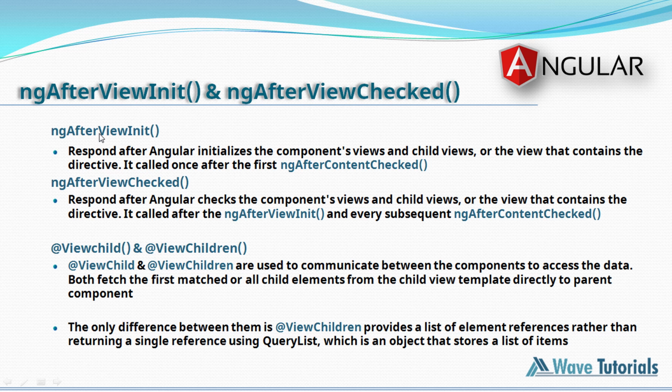So we saw that ngAfterViewInit responds after Angular initializes the component, and ngAfterViewChecked responds after Angular checks the component's view. Also, with the help of @ViewChild and @ViewChildren decorators, we can communicate with our child component, and with their help we can execute our lifecycle hook methods.